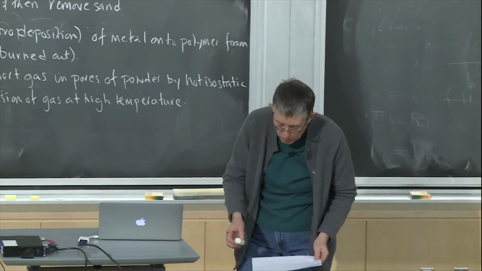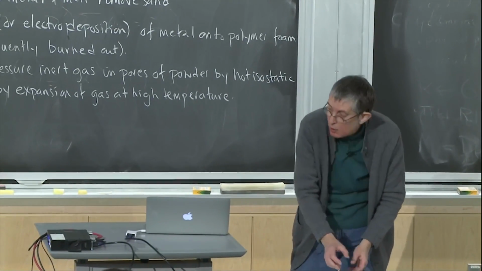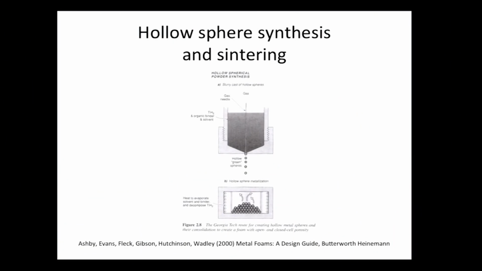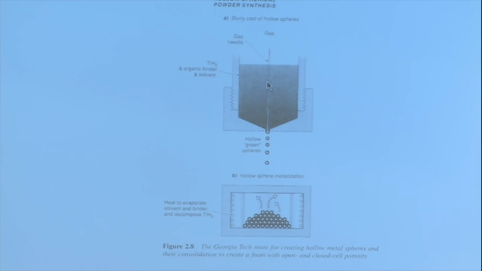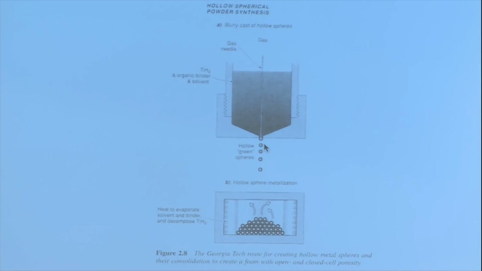There's a couple more methods for the metal foams. One involves sintering hollow metal spheres together, and the trick there is to make the hollow spheres. The way that can be done is by taking titanium hydride again. If you want to make titanium spheres, you put it in an organic binder and a solvent, so you've got a slurry here, and you've got a tube that you blow gas through, and as you do that, you'll get hollow titanium hydride bubbles.